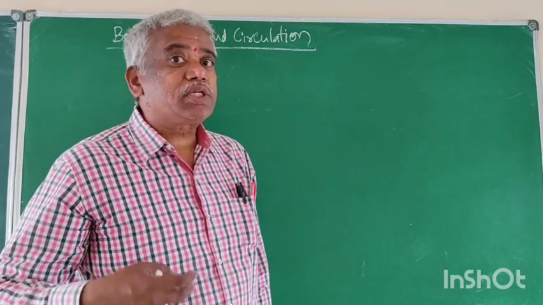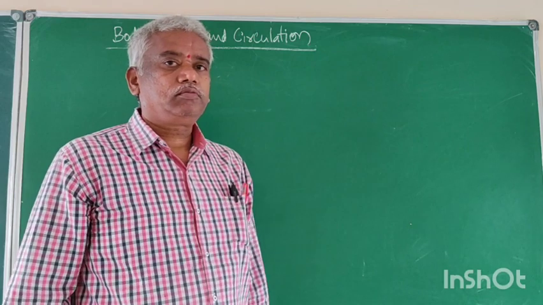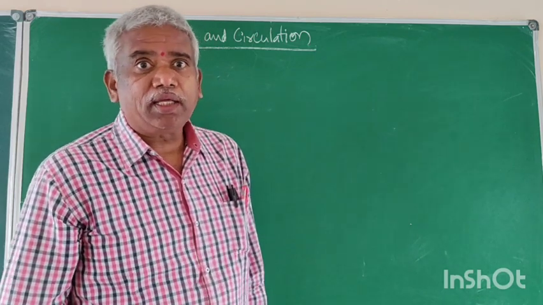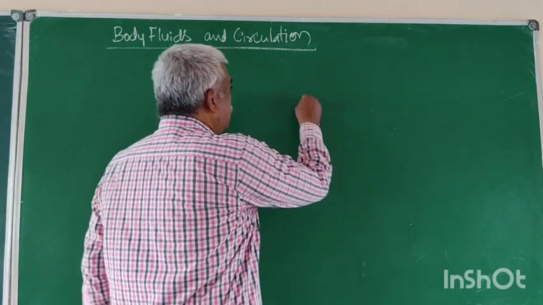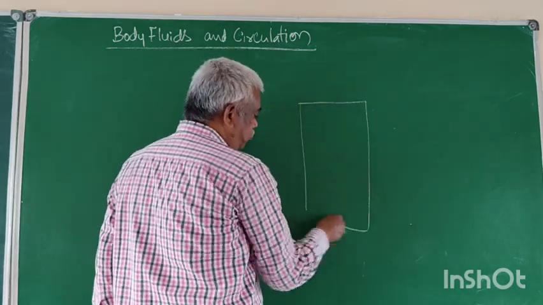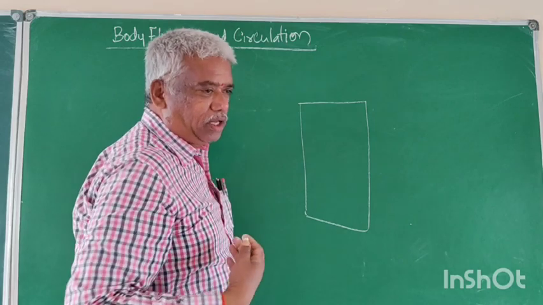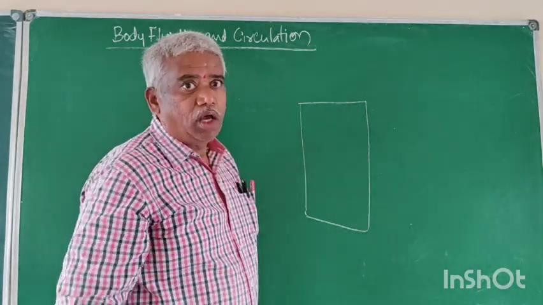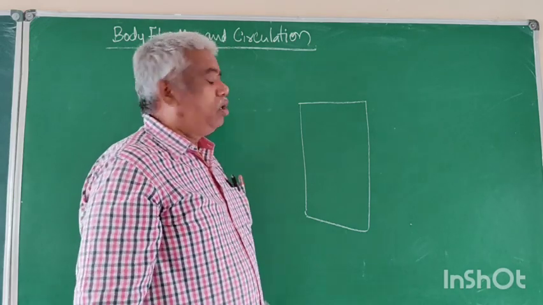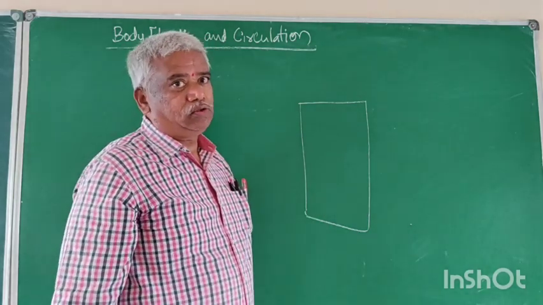All cells which are present in our body require energy. Suppose it is a cell, either a muscle cell, nerve cell, blood cell, whatever it may be, it is a cell of our body. It requires energy.